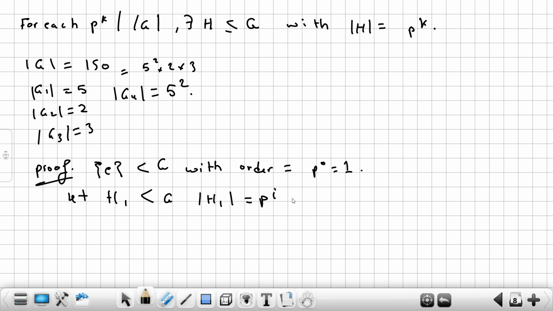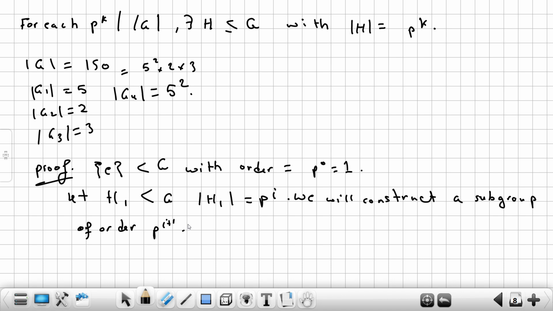So we need to construct a subgroup of order p^(i+1). Okay.